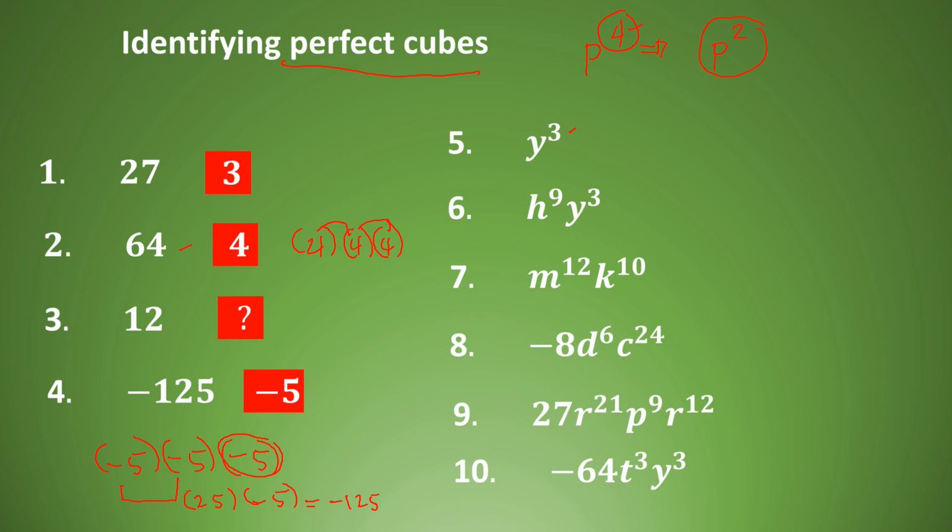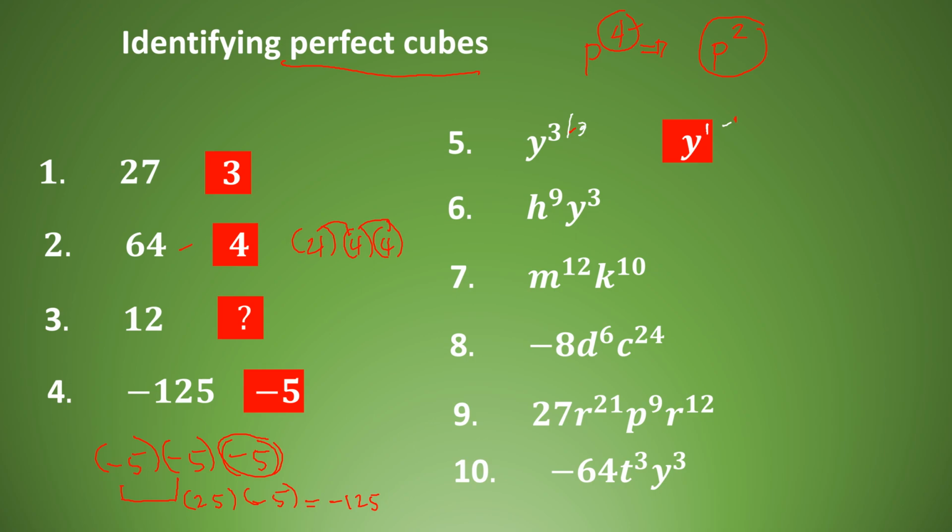So therefore, 3 divided by 3 will be a 1. So therefore, y cube is a perfect cube because its cube root is y to the power of 1. This is understood that there is an imaginary 1 there because 3 divided by 3, thus we're able to get the cube root.